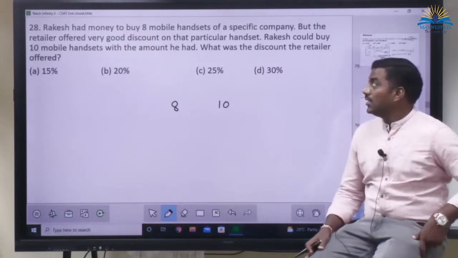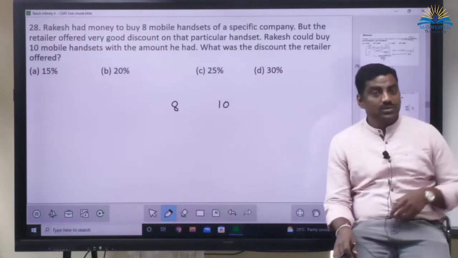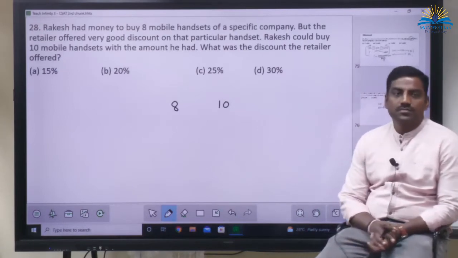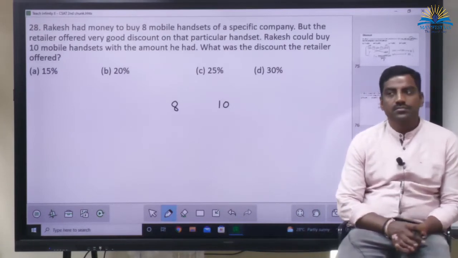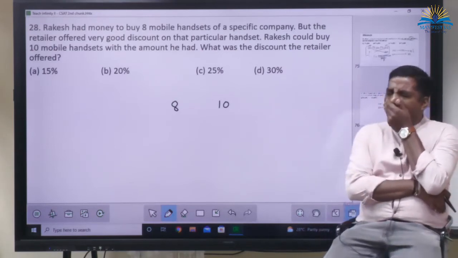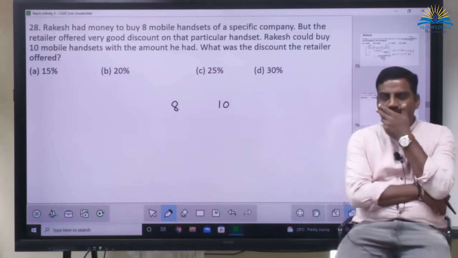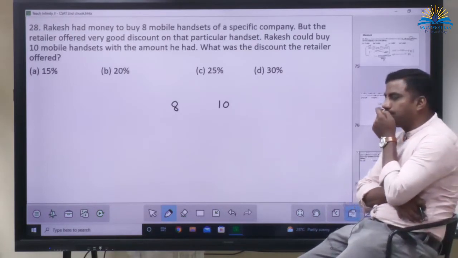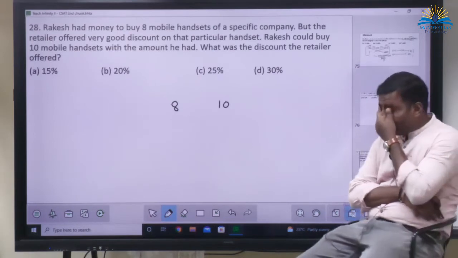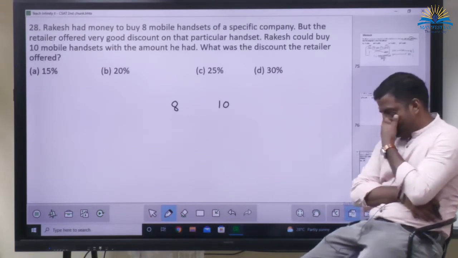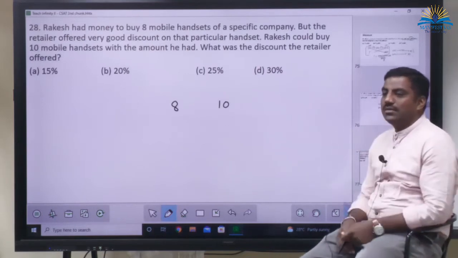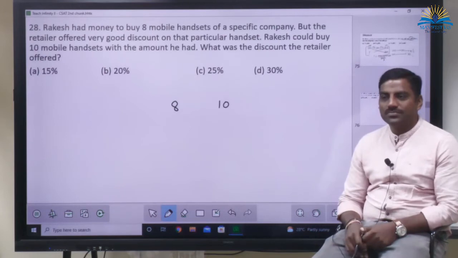Don't think from Rakesh's point of view. Think from the shopkeeper's point of view. Assume some price, no?